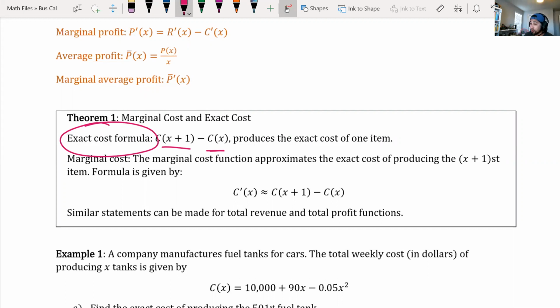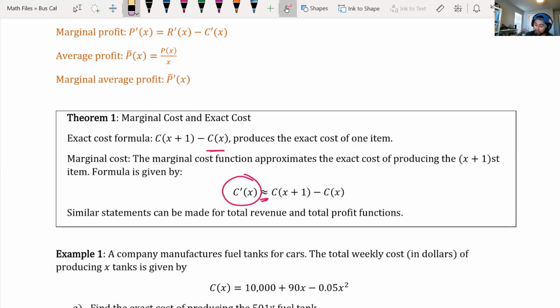And then we have the marginal cost, which is going to be the derivative of the cost function. The marginal cost function approximates the exact cost of producing the x plus first item. And that formula is given by C prime of x is approximately C of x plus 1 minus C of x. And you can make similar statements for revenue and profit.